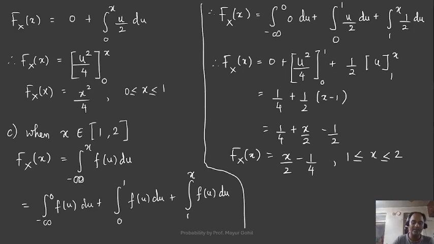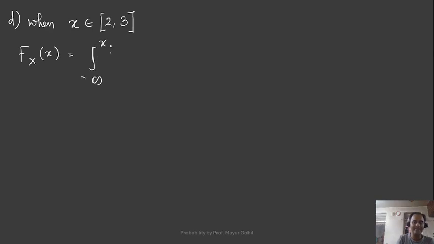The next part is for the next interval. So when x belongs to the interval 2 to 3, again the same definition, but now the length of the interval will increase. So it is from minus infinity to x of f of u du.